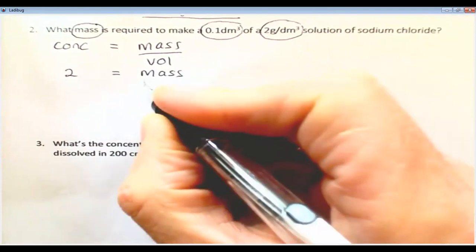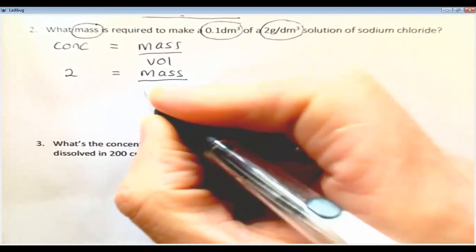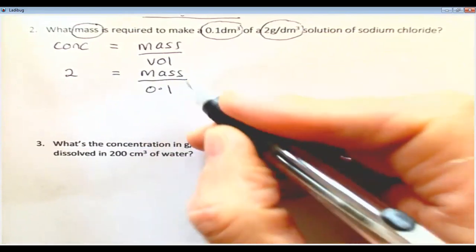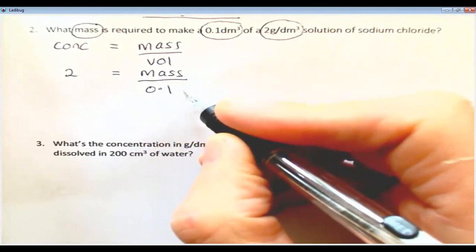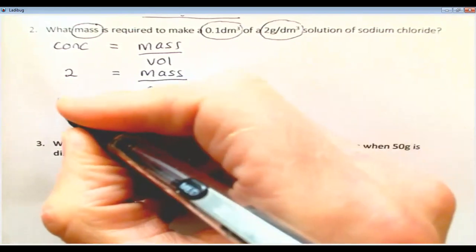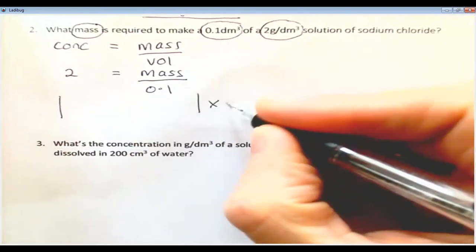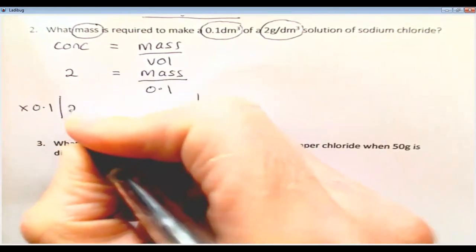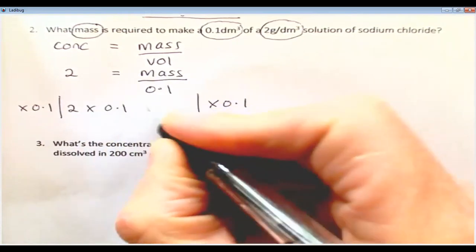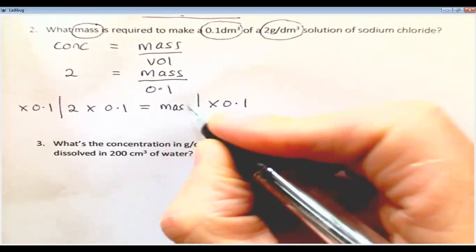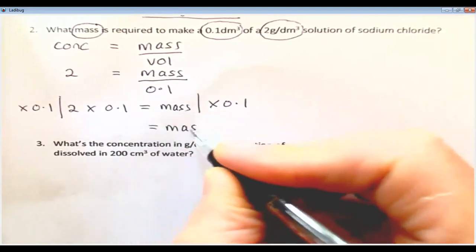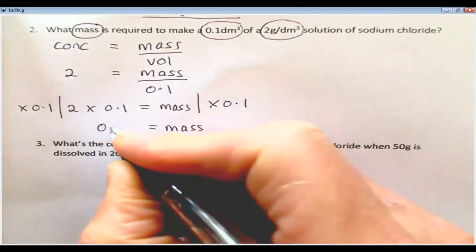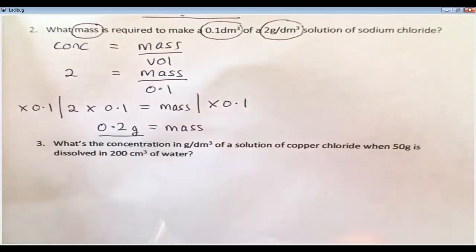So leave the mass written as mass, divided by the volume, which is 0.1. So 2 equals mass divided by 0.1. So I want to know what mass is. I need to times both sides of this equation by 0.1. So I'm going to do that now. Okay, so that's our second practice question.